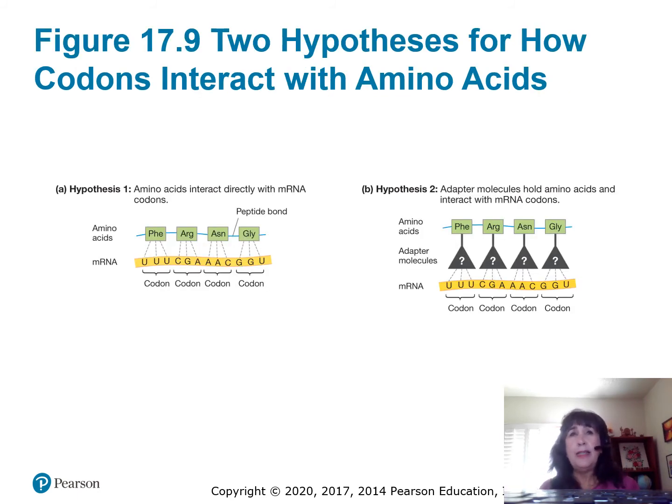Here was the idea back in the day, like when I was born in the 1950s: from the messenger RNA do we get just amino acids that understand the triplet code, or is there some molecule in the middle, called the adapter molecule, as you see in hypothesis 2? Well, the answer is there's some molecule in the middle called the adapter molecule, and those black triangles represent transfer RNA, the third type of RNA.